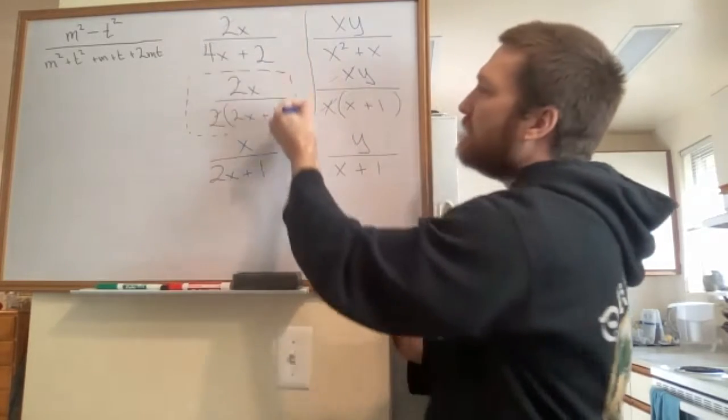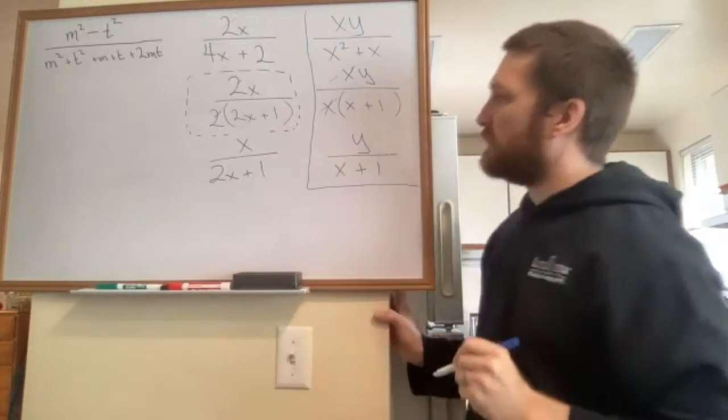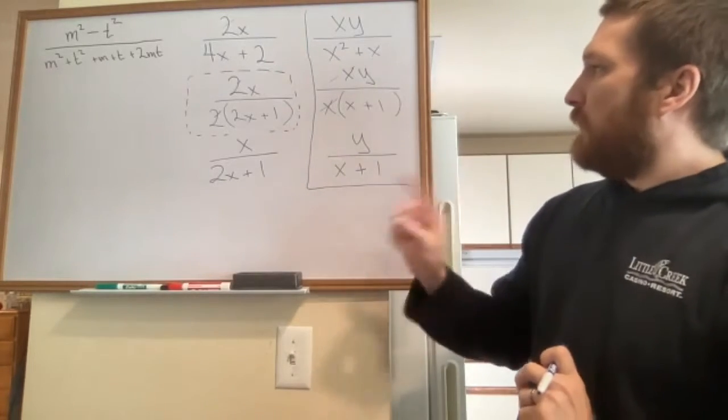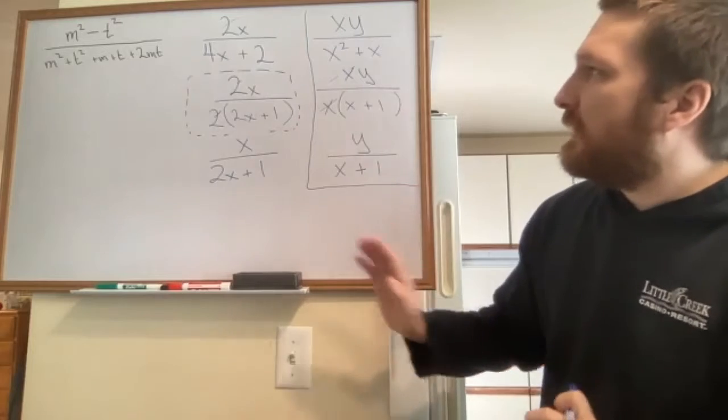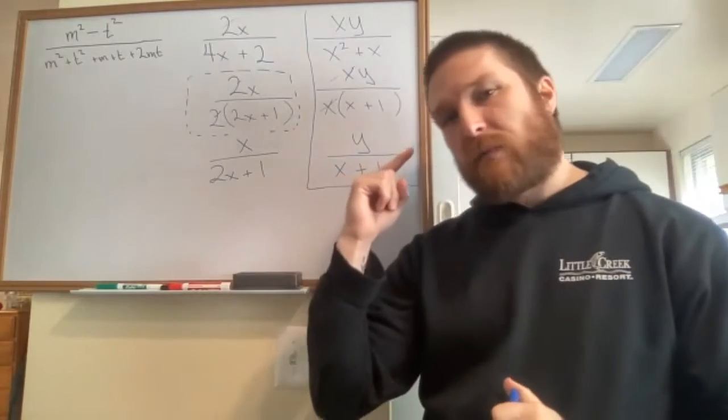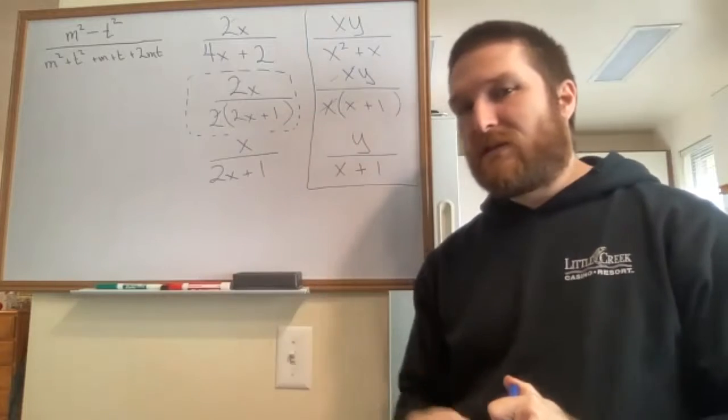I'm going to leave this one up because it's going to help in a minute. One thing I didn't really talk about here is the first thing that goes through my head when I see either of these questions.